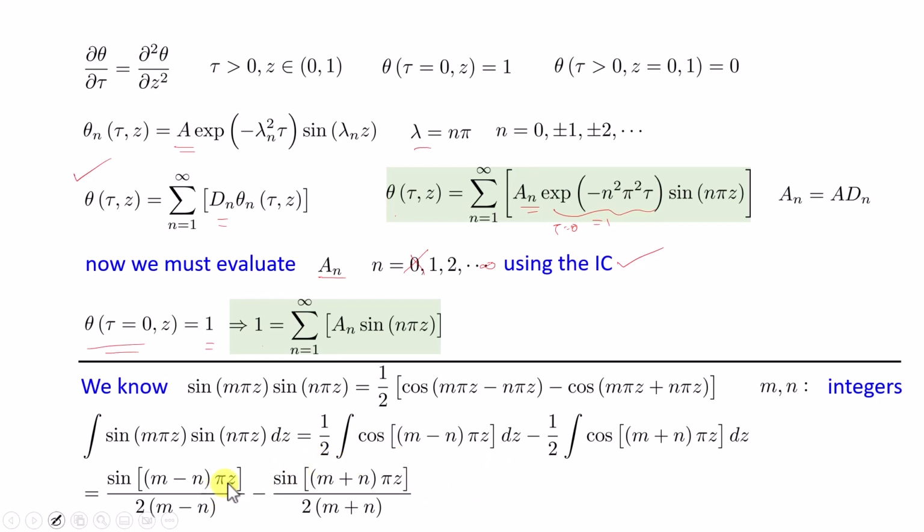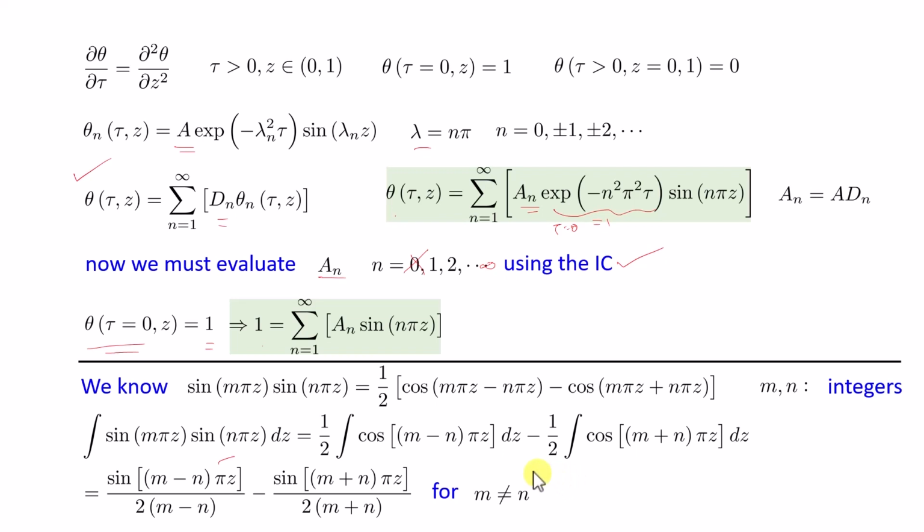If m equals n, this term will create a problem. So this expression is valid only when m is not equal to n. Otherwise, this will give a problem.